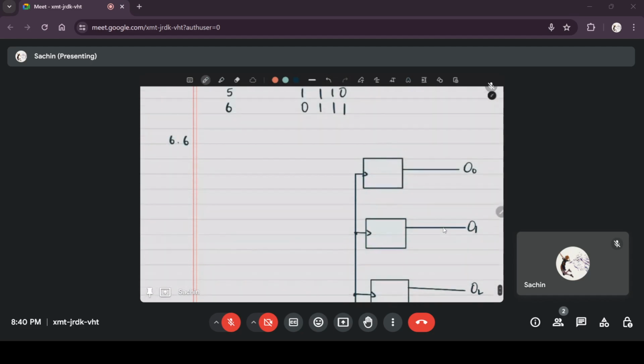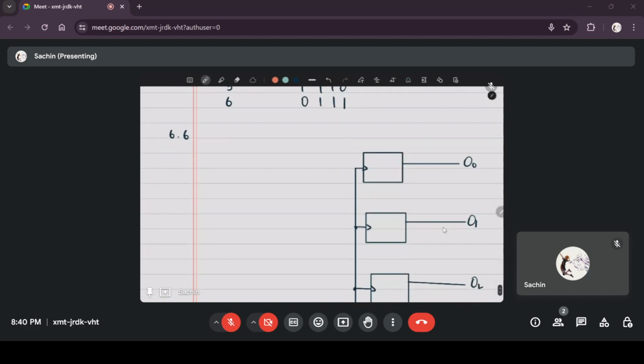When shift and load are 0, 0, the output should remain the same.